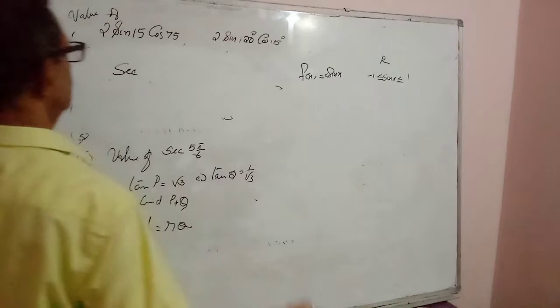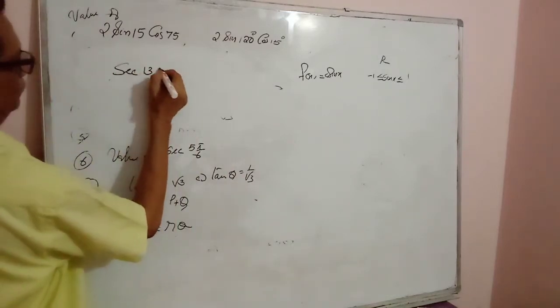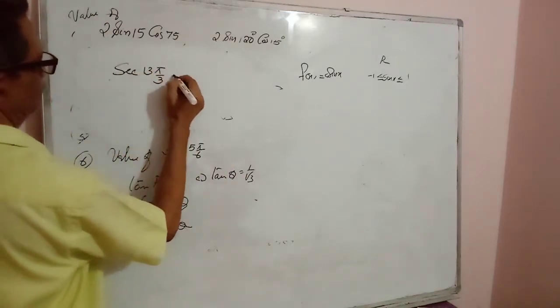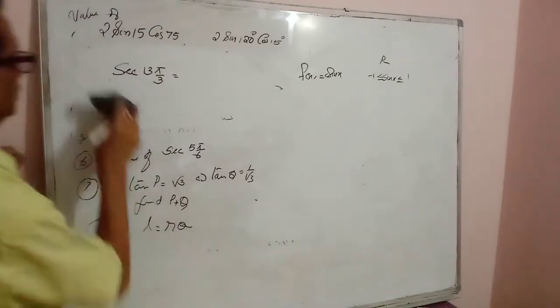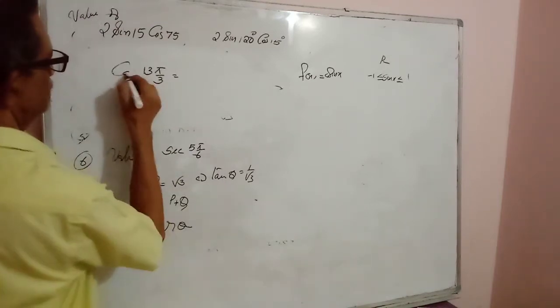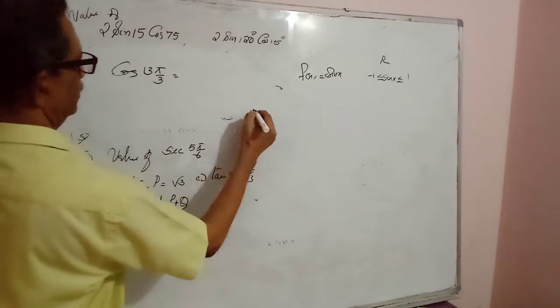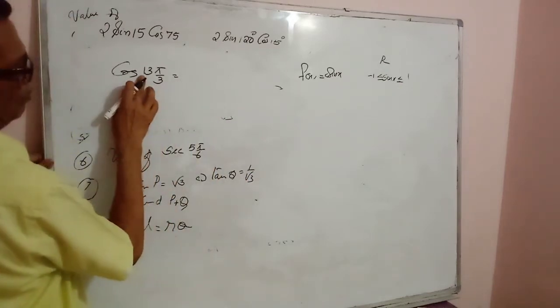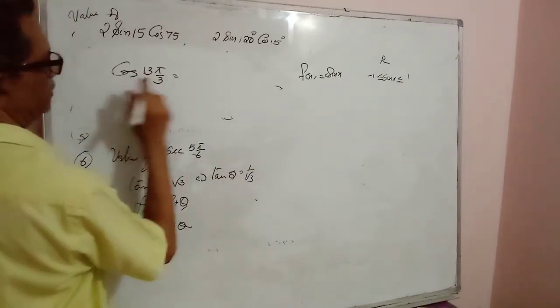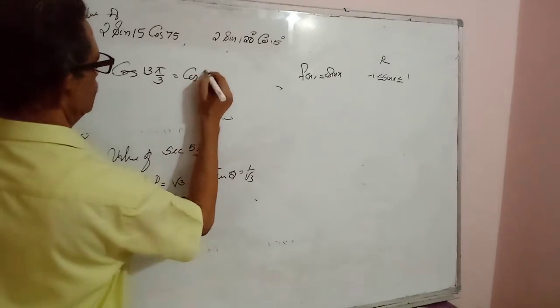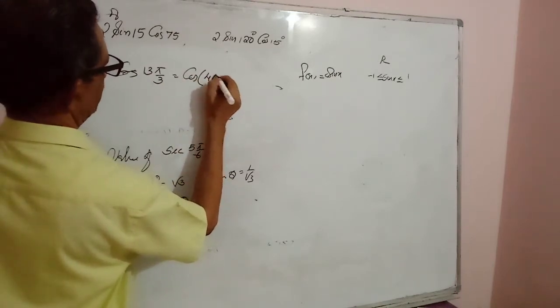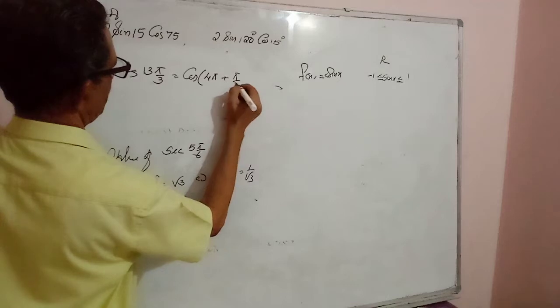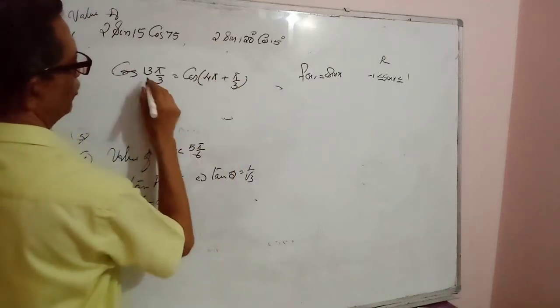Look at this one, 13 pi by 3. Find the value of, instead of secant, cos 13 pi by 3. 13 is 1 more than 4 times 3, so you can write it as cos of 4 pi plus pi by 3. Am I right? 12 pi plus 1 pi, 13 pi.